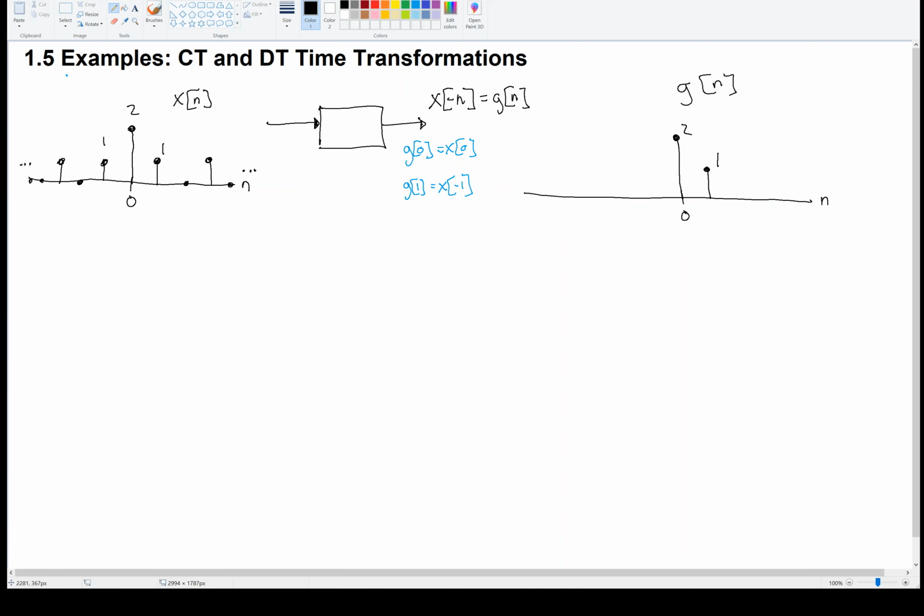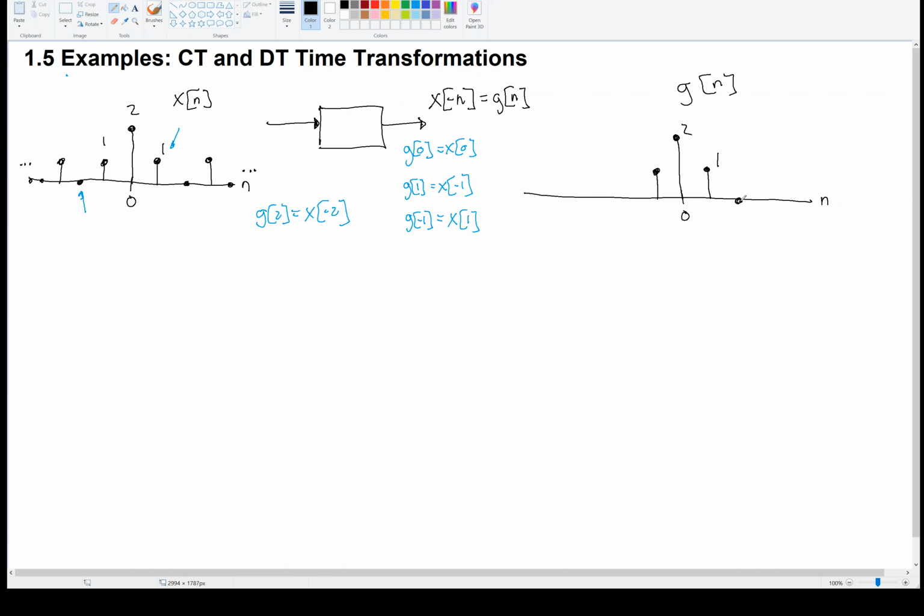So I've got this. But also, notice, if I wanted to know what g of minus 1 was, that's x of 1. Well, that's also a 1. Right, because x has this sort of symmetry that at minus 1 we have the same value as we do of x of 1. So those have been reversed, but we get back the same signal. And we are going to find out that when we plug in n equals 2, g of 2 would be x of minus 2. Right, so that's this sample here.